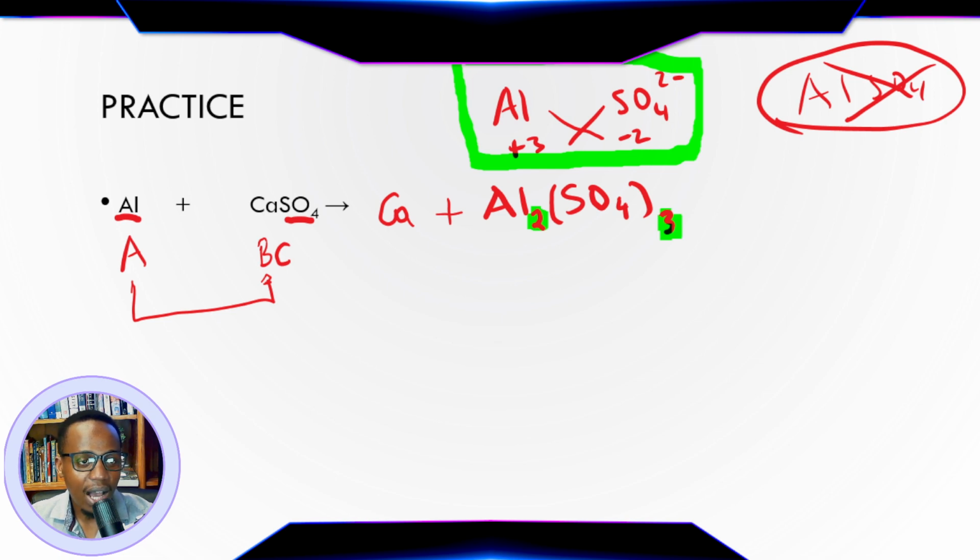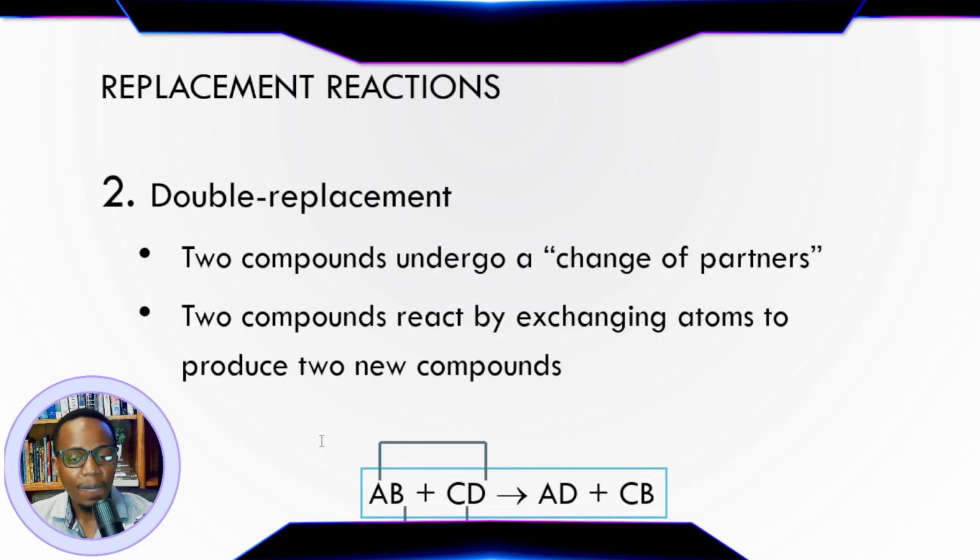Now, what if you have a double replacement? Well, it's similar to a single replacement, but what's different is that you have two things adding to two things, right? Whenever you see two things plus two things, it's a double replacement, right?